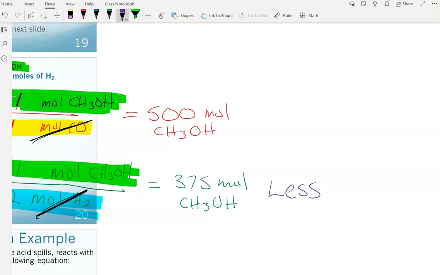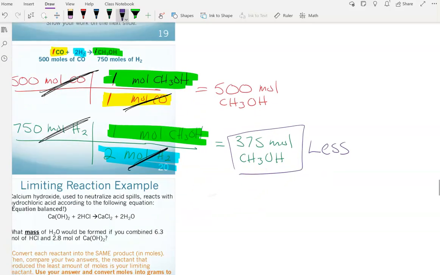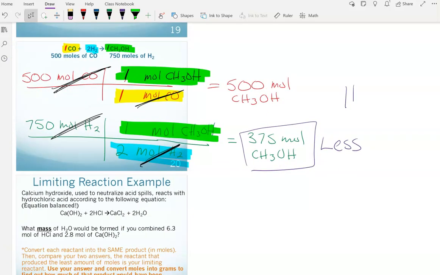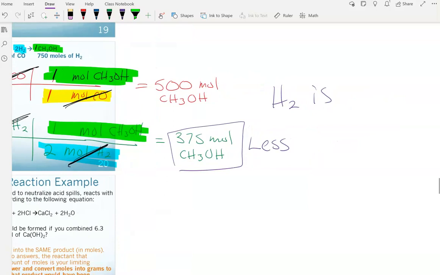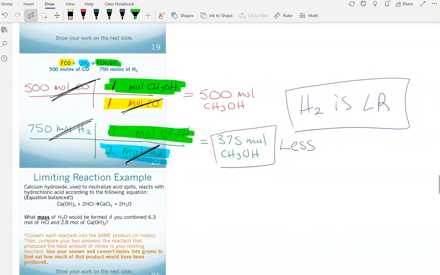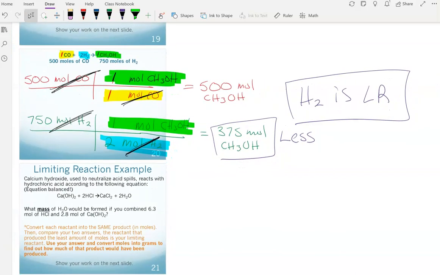So theoretically, I could only make this much CH3OH because the H2 is going to be, I'm going to write LR for limiting reactant. If you want to write out limiting reactant, that's fine. I'm okay with students shorthanding it. So that would be my final answer.